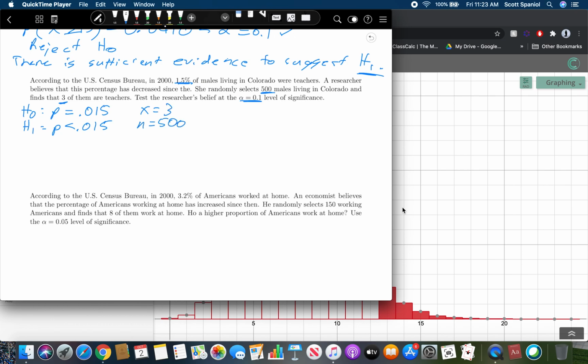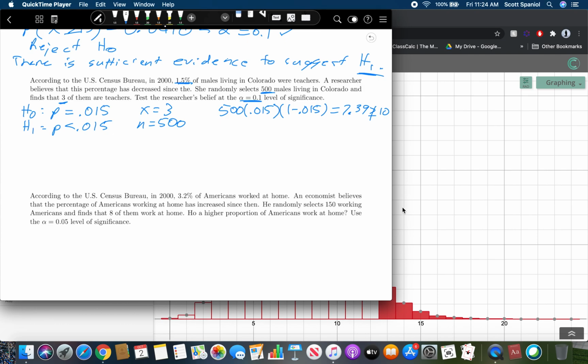And if we check 500 times 0.015 times 1 minus 0.015, we get 7.39, which is not greater than or equal to 10.